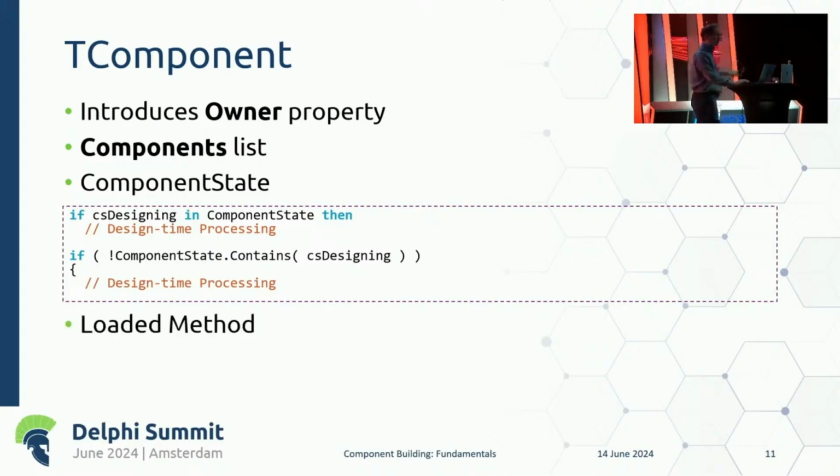There's a loaded method. Loaded method's interesting because it gets called after the component, the form, and all of its children have been loaded up from a DFM file. So if you guys have all built applications, you make changes in your form designer and it gets saved out to the DFM file. Well, the first line, if you've ever opened up a DFM, has that object statement for the particular control.